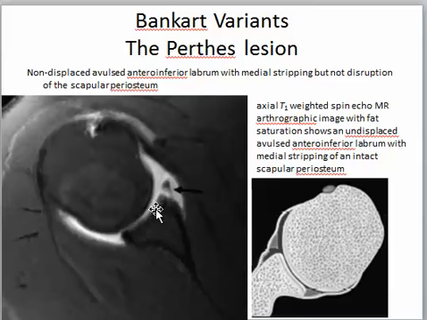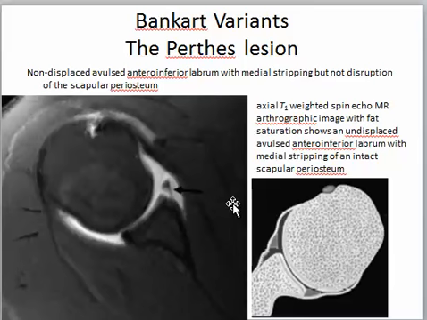The periosteum is intact. So it is a non-displaced partial avulsion of the anterior labrum. Here we just get the avulsion, but the bone itself is intact.